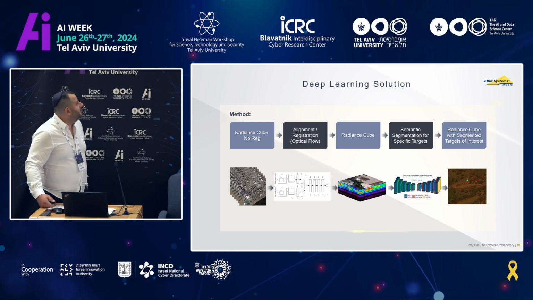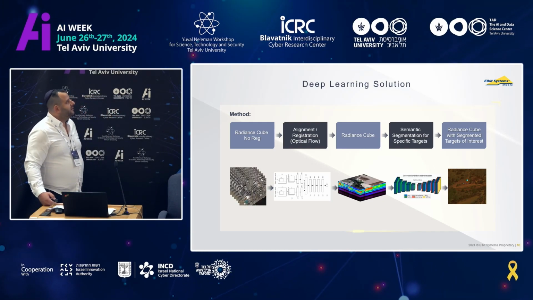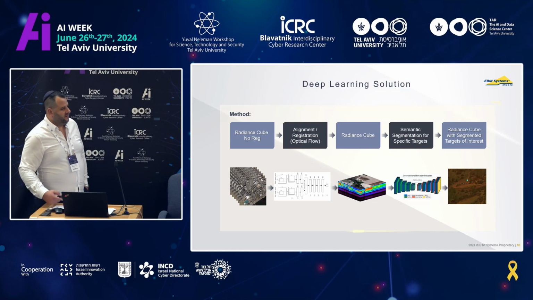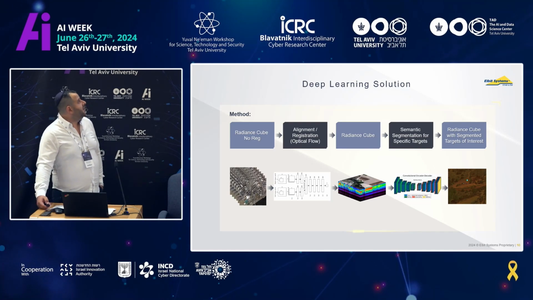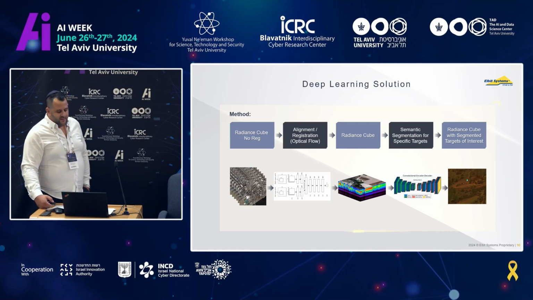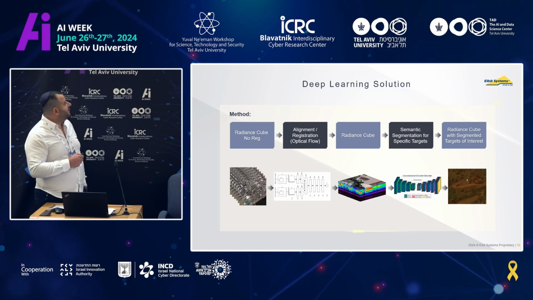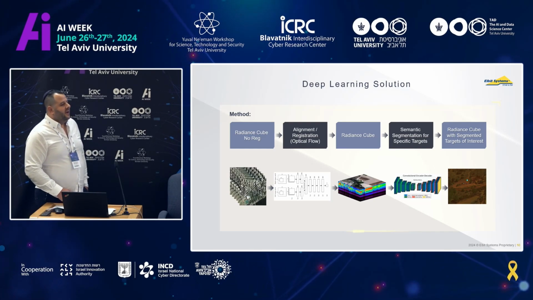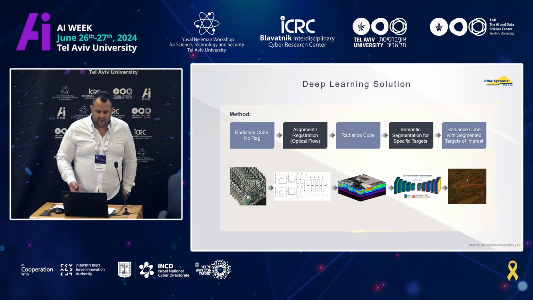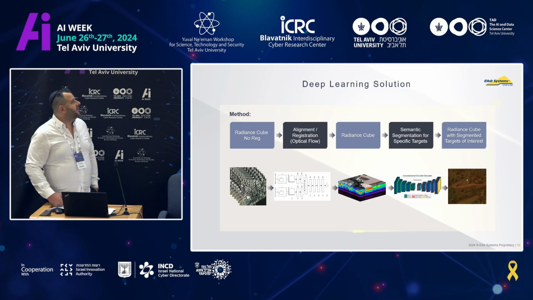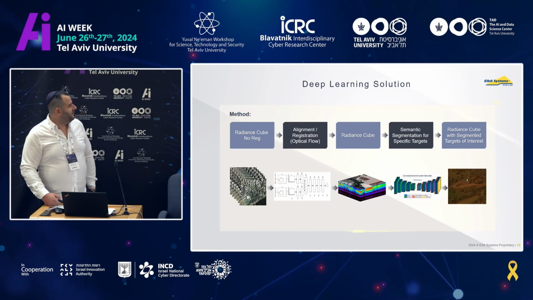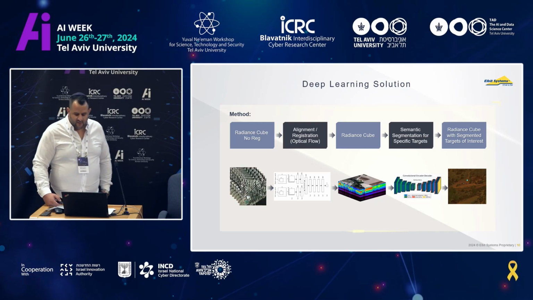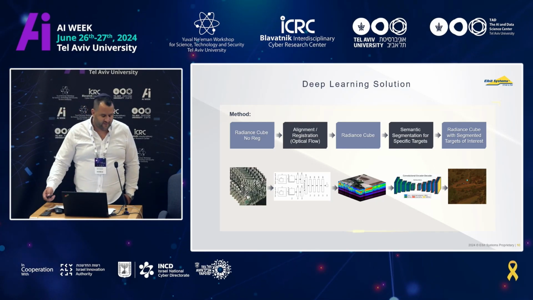Let's discuss the deep learning solution to solve all these problems. First, we will start with the radiance cube with no initial registration. Here we need to do alignment or registration. This is an optical flow task. Then we will do semantic segmentation for specific targets.